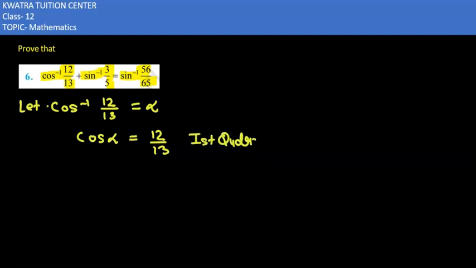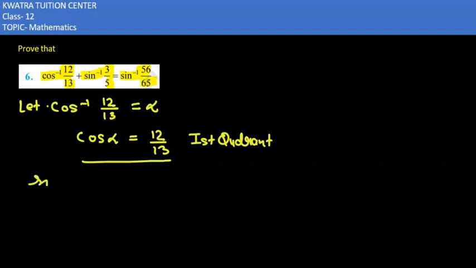cos inverse 12 by 13, which is the first term, is equal to alpha. So here cos alpha will be equal to 12 by 13, and this will lie in the first quadrant. Now we have our value for cos alpha.